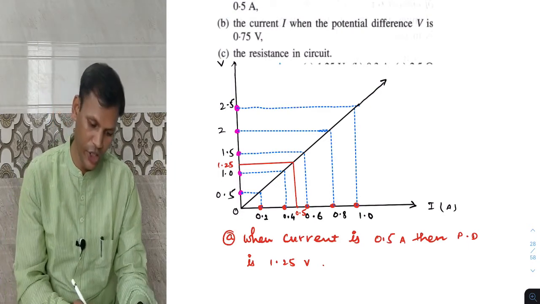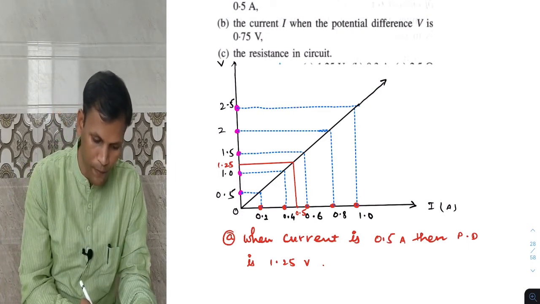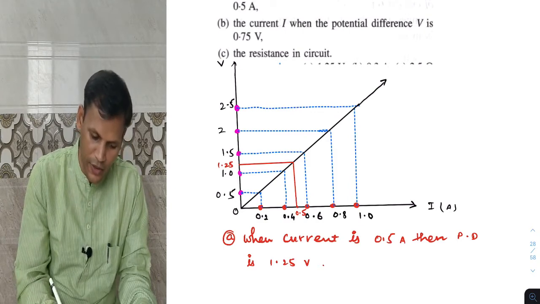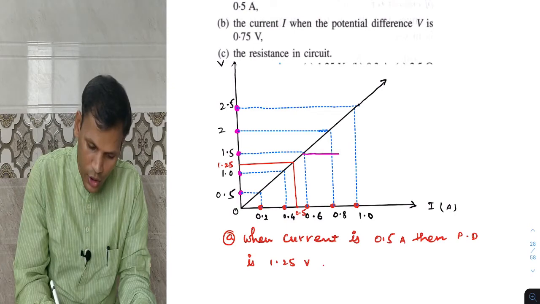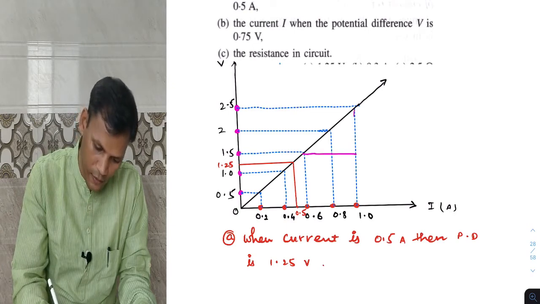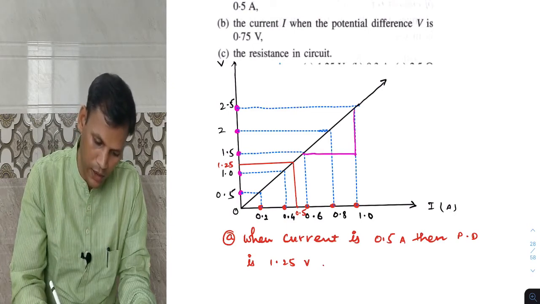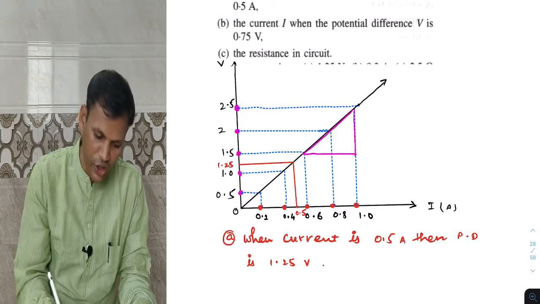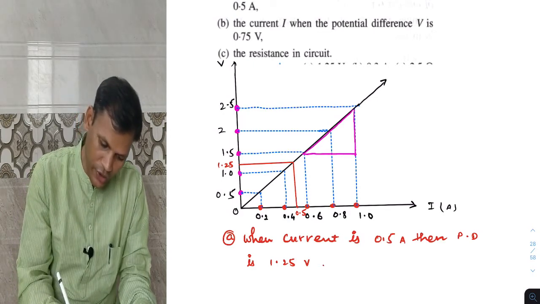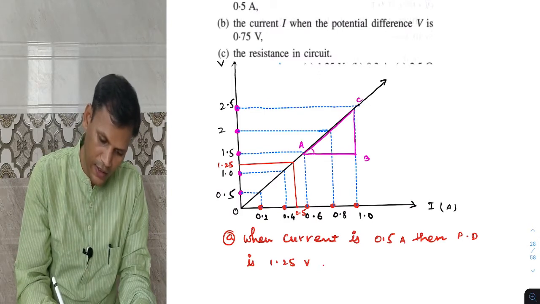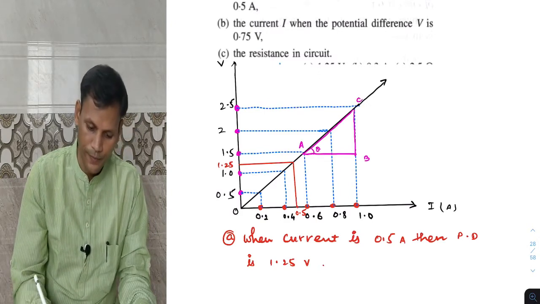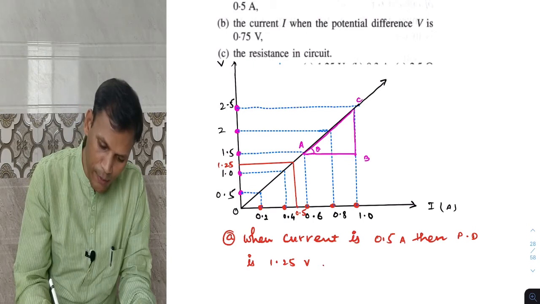We can find the slope of any part, so I will take this line and mark the points A, B, C, with this angle theta.